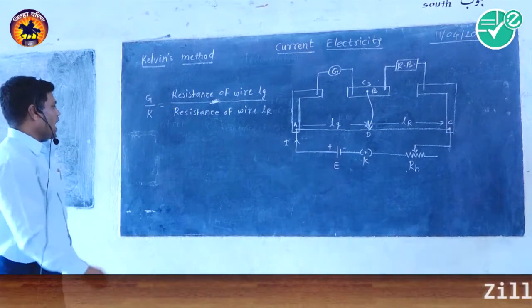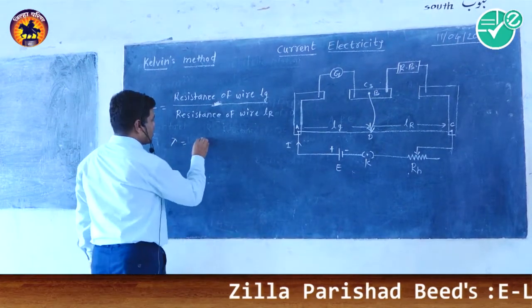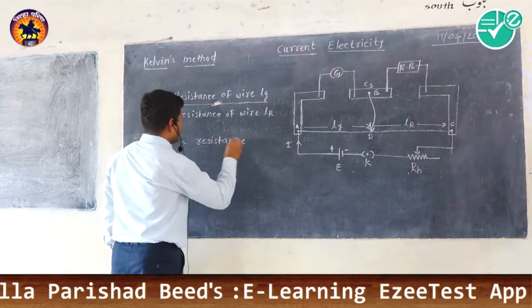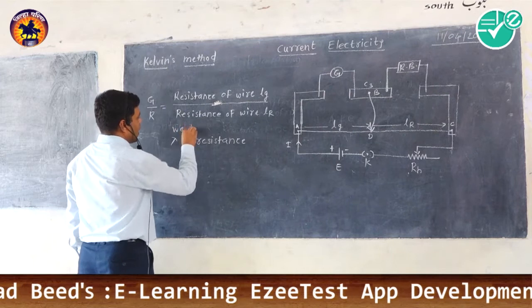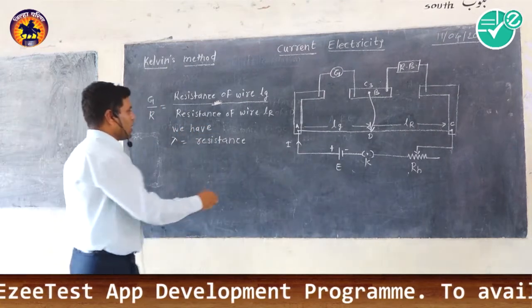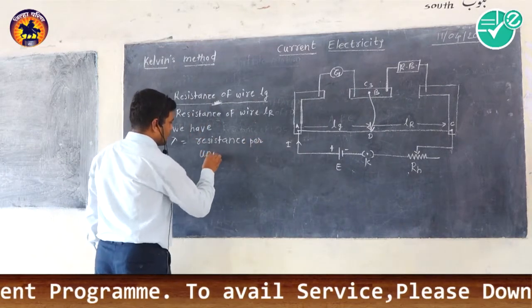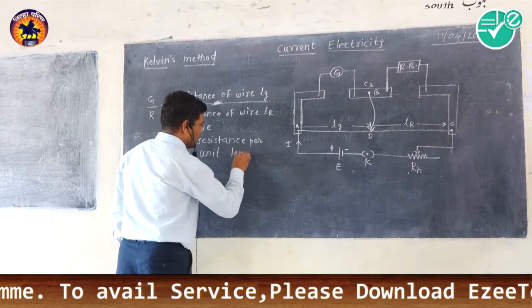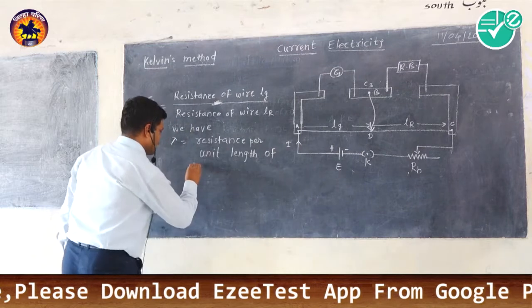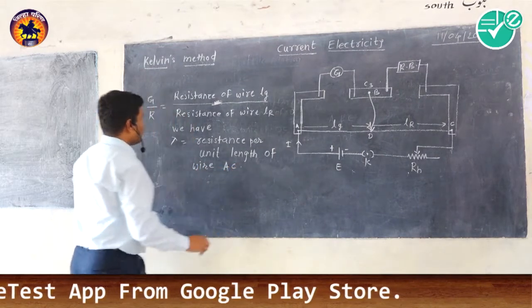Suppose we have lambda, which is equal to resistance per unit length of wire AC.